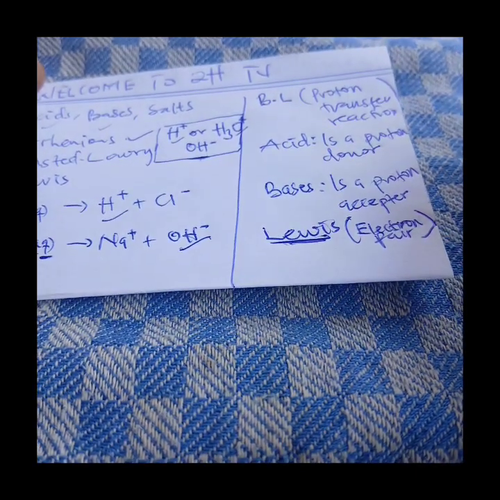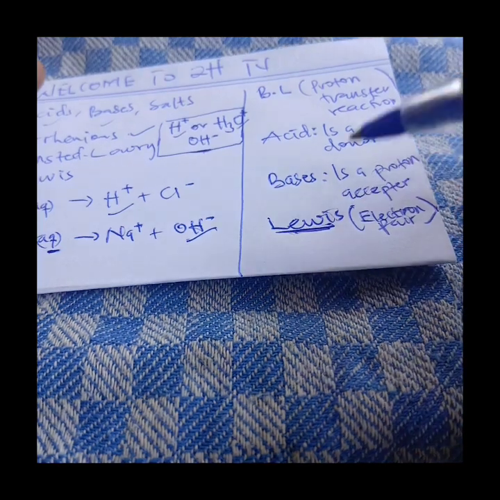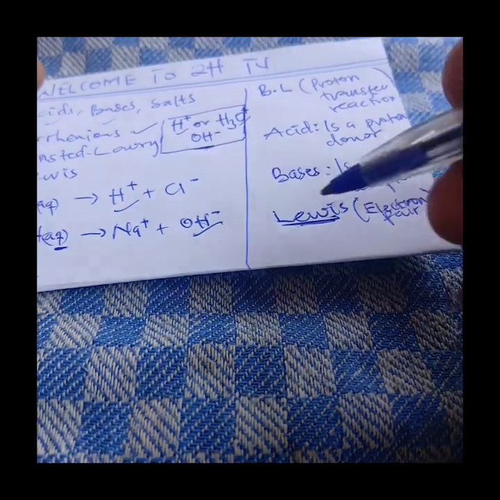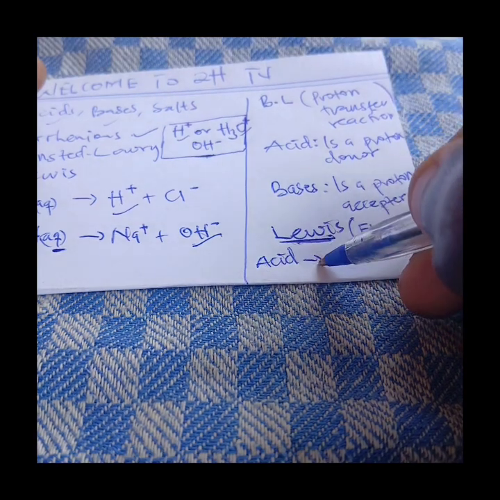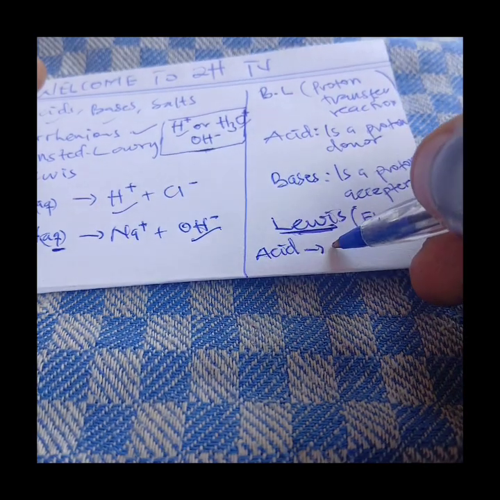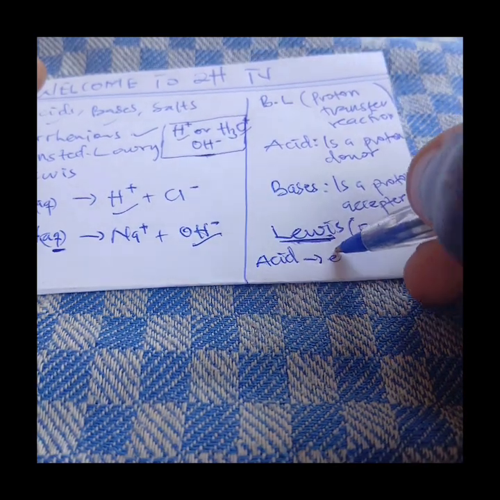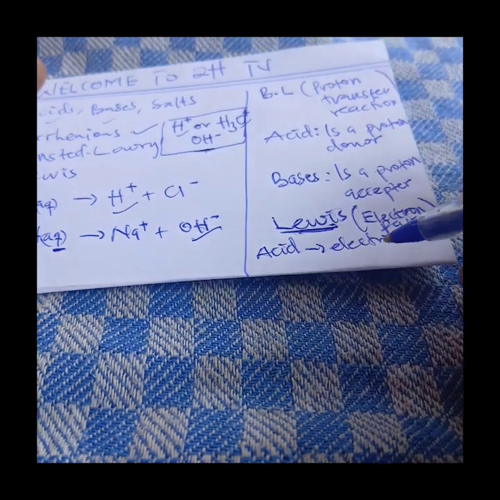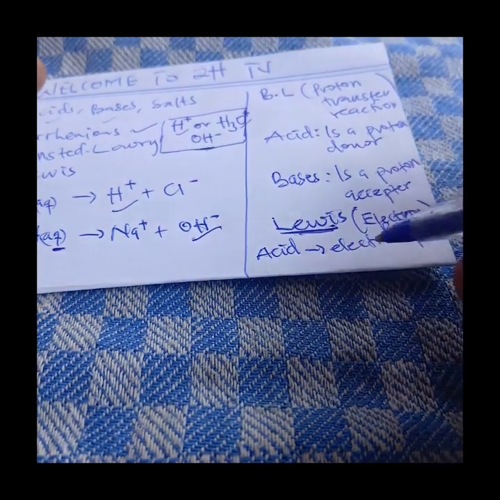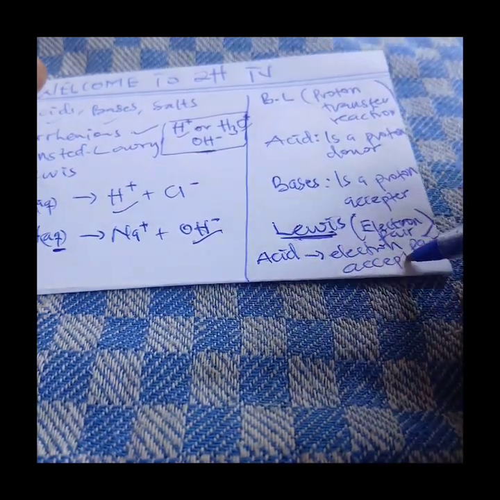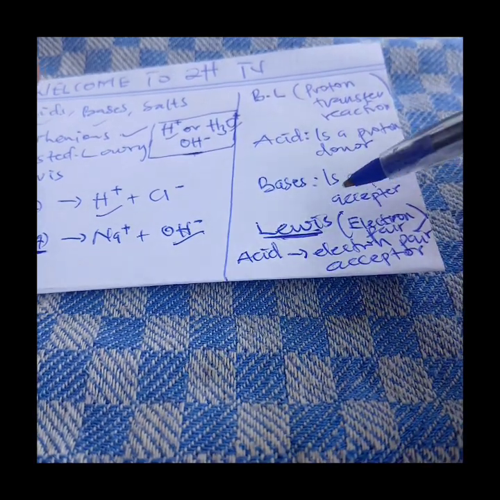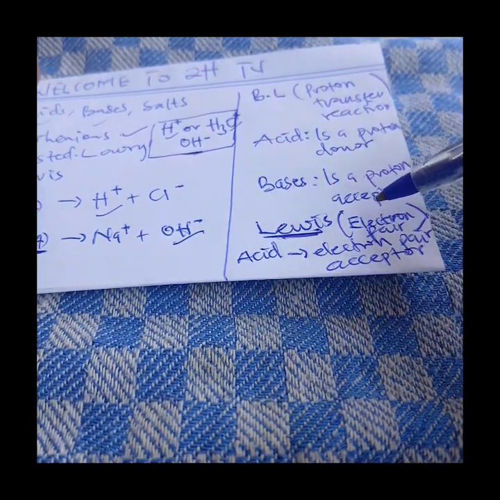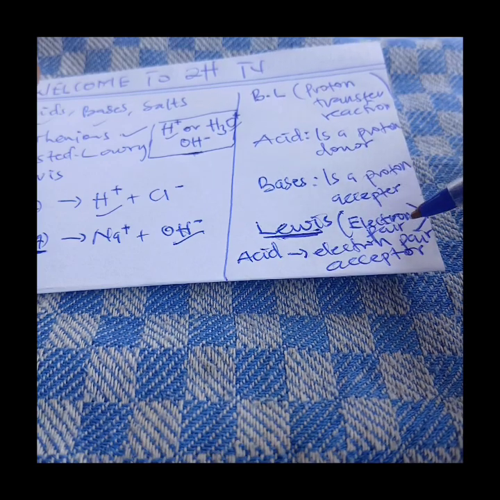Okay, so he said that an acid is an electron pair acceptor. So that is his definition of acid, Lewis. So Lewis' definition of acid and base was based on electron pairs.